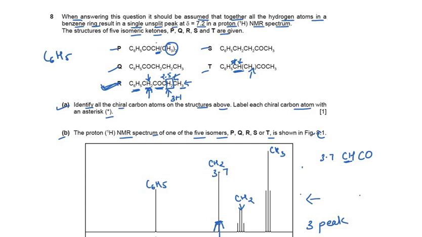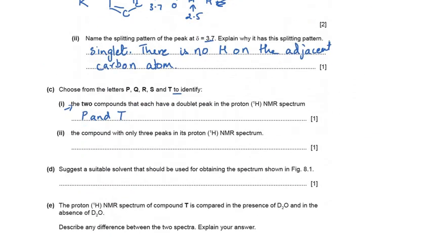Now that is only P, I would say, because 1 peak is due to the protons of the aryl ring, and then the second peak and the third peak are due to all of the CH3 groups bonded to this. So then our answer is P here. So let's go ahead and write it in our space here. The compound P is the answer.